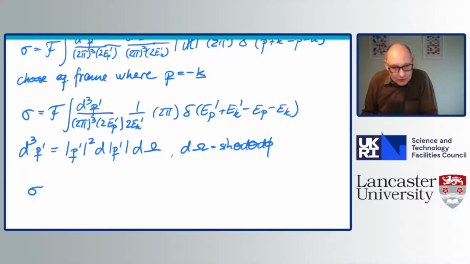So the cross section is then the flux factor divided by, let's take out the 2 pi's here, 2 pi squared.